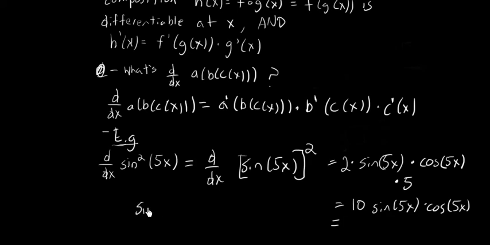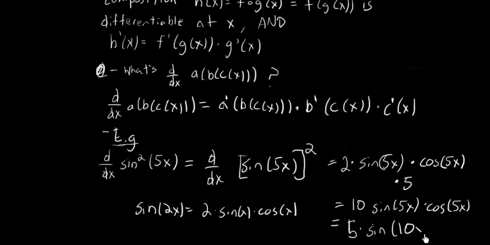Hopefully you remember that sine of 2x is equal to 2 times sine of x cosine of x. And here we just have the substitution where x is actually 5x. So this is the same thing as 5 times sine of 10x.